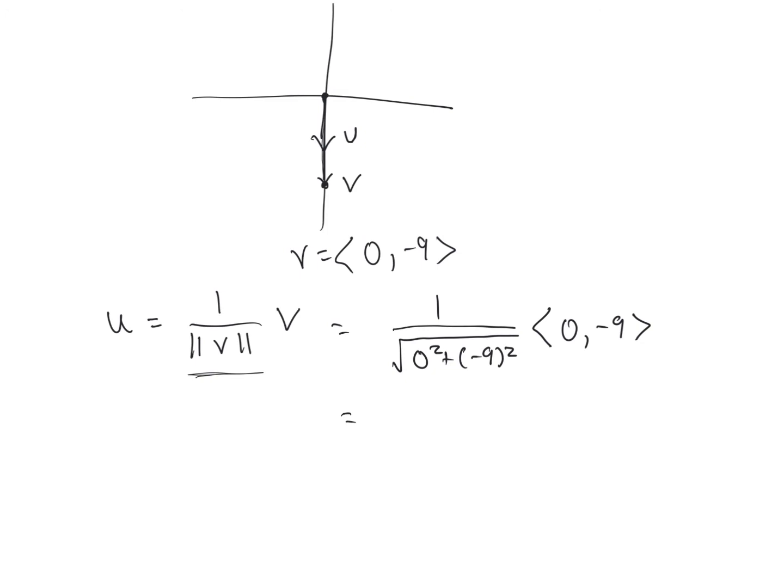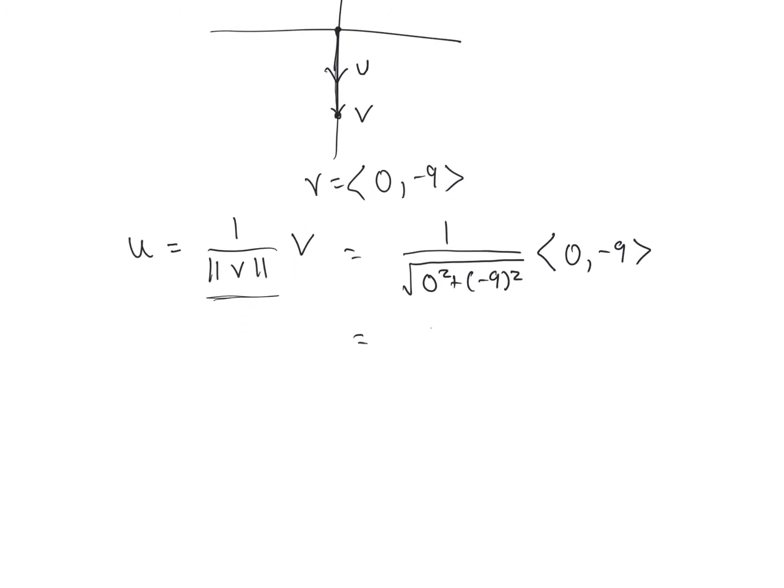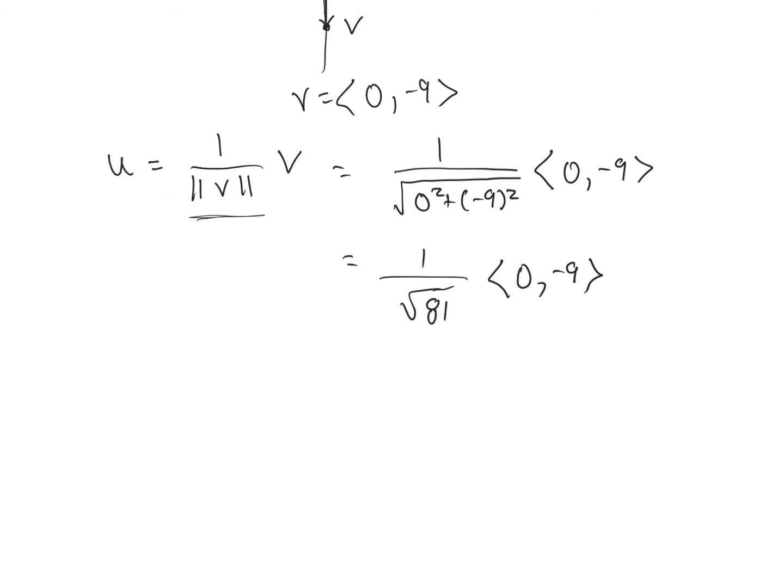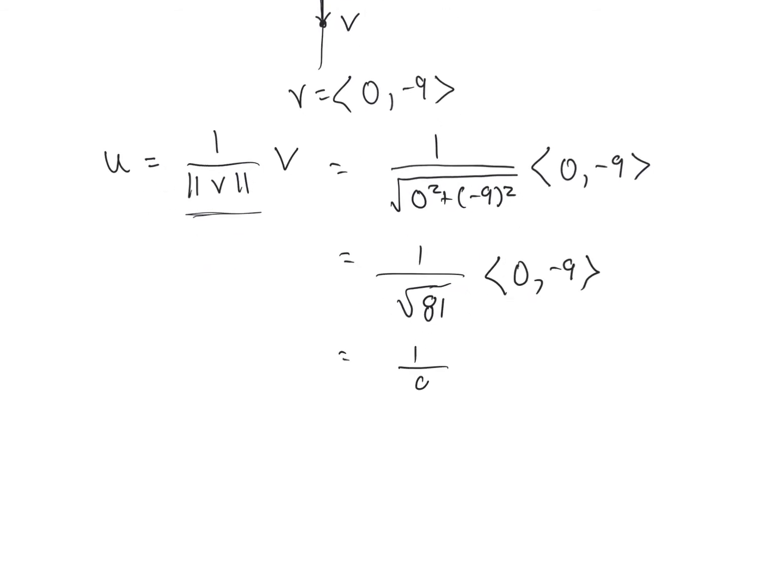So it is 1 over the square root of 9 squared, which is 81, times 0, -9. Simplify that some more, equals 1 over 9 times 0, -9.